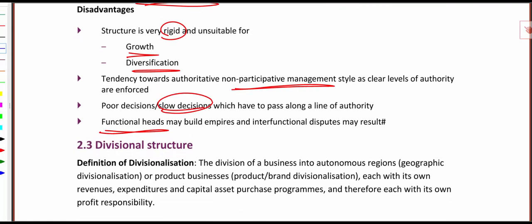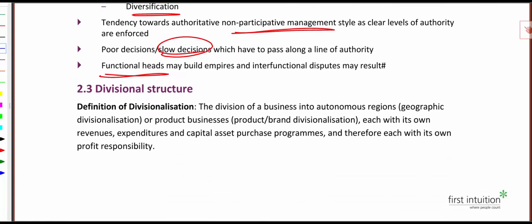Okay, next up then we've got divisional, and this is where we start to see a slightly bigger organization now. One example might be if you've got lots of different locations, so you might have a European office and a North American office and so on. So definition here of divisionalization. So the division of a business into autonomous regions, so there's some sort of local control, or product businesses.